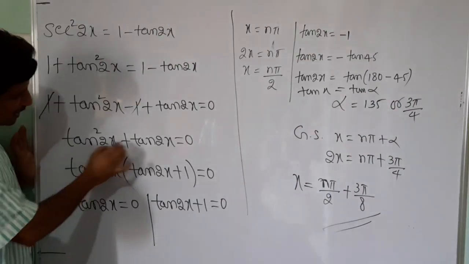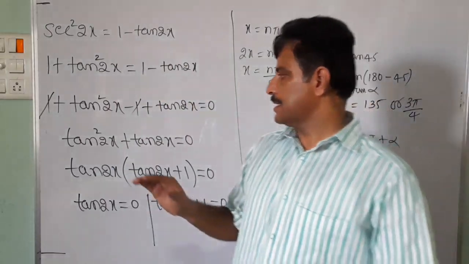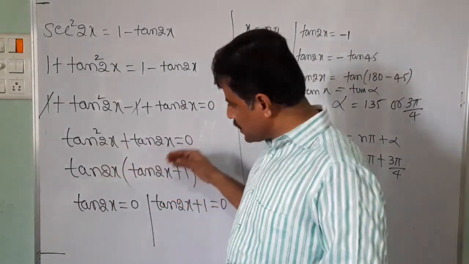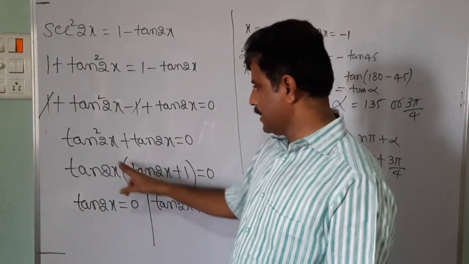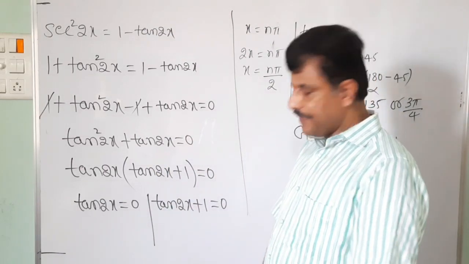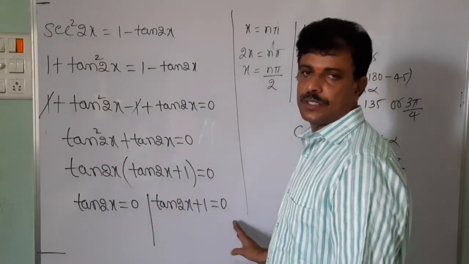Here there are two terms: first term tan square 2x, second term tan 2x. Take tan 2x common outside. Remaining tan 2x plus 1 is equal to 0. Then tan 2x is equal to 0, or tan 2x plus 1 is equal to 0.